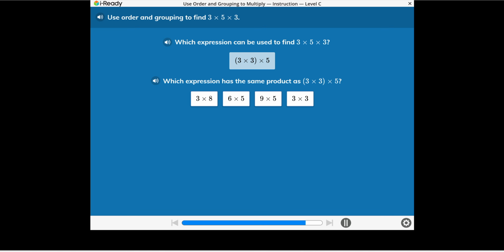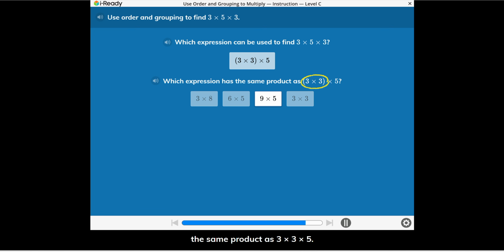I do not know. Remember, the parentheses tell you which factors to multiply first. 3 times 3 equals 9.